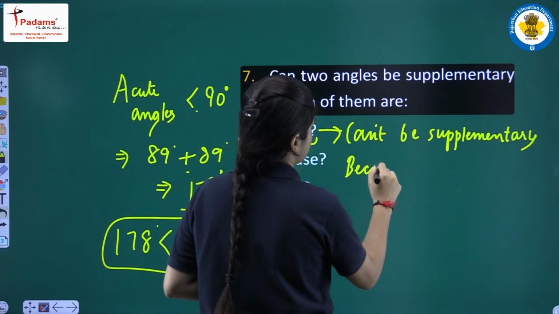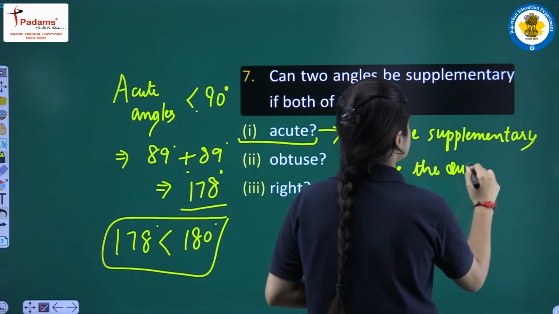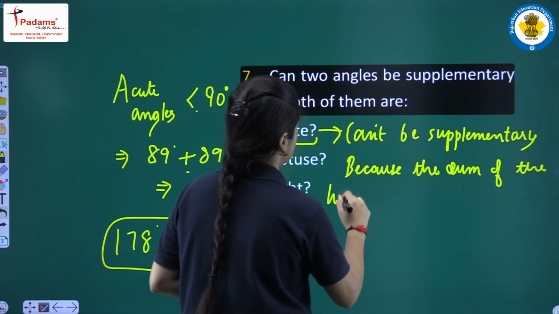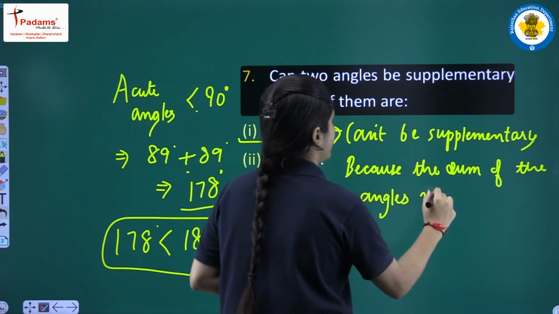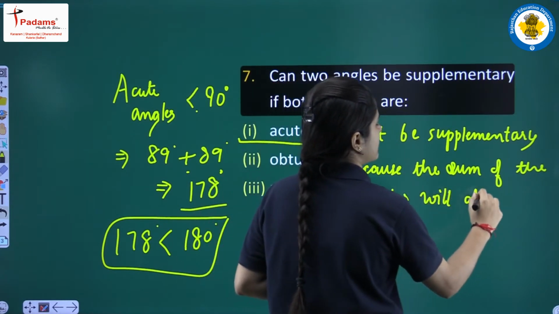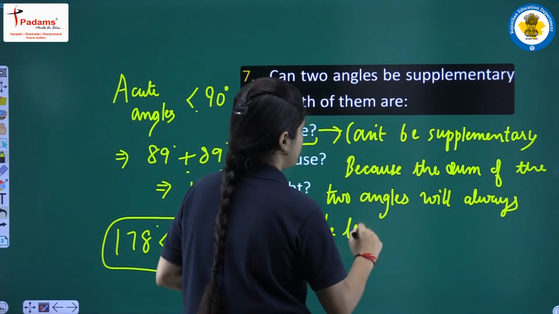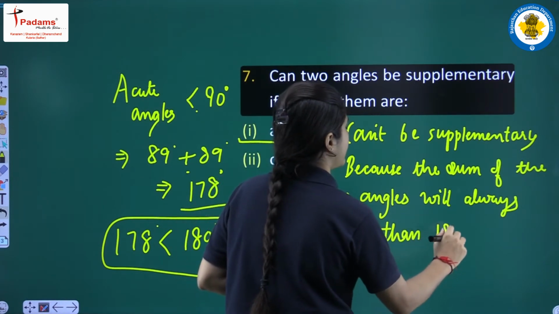Because the sum of the two angles will always be less than 180 degree.